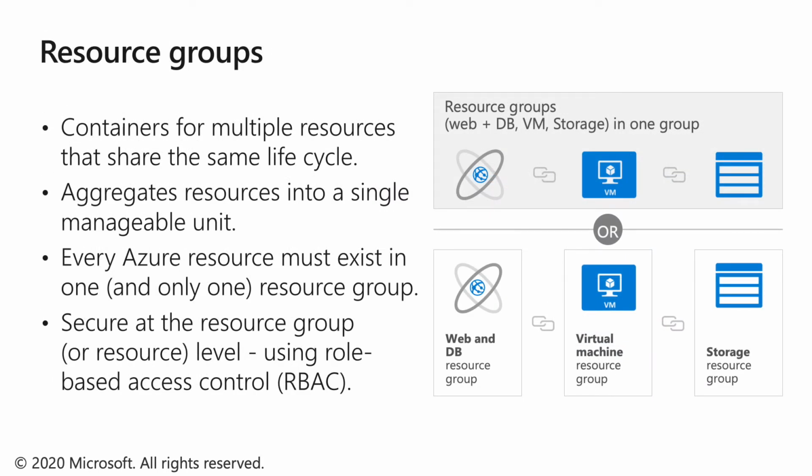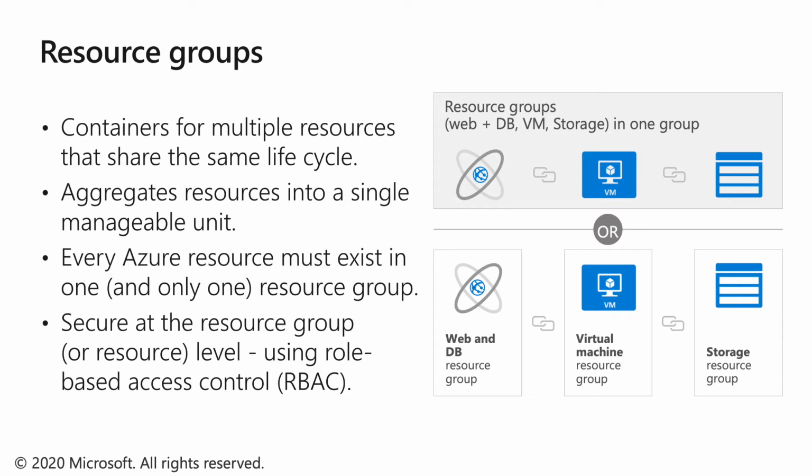Now, in terms of resource groups, we've got multiple different uses for these. So web and database, virtual machines and storage, they might be in one group, or they could be individually resourced, just like it shows on the right here. Now this could be done using containers. So you're going to have one container for multiple resources that share the same life cycle. This aggregates resources into a single management unit.